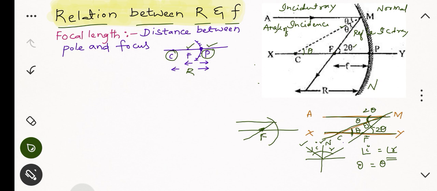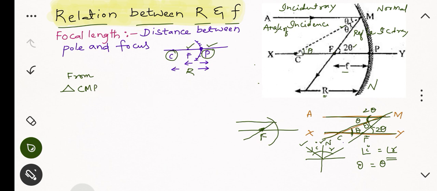And we know that the distance between F and P is the focal length, and the distance between C and P, center of curvature and pole, is called the radius of curvature. Now we will take the triangle CMP.